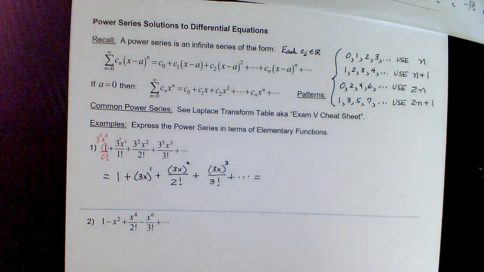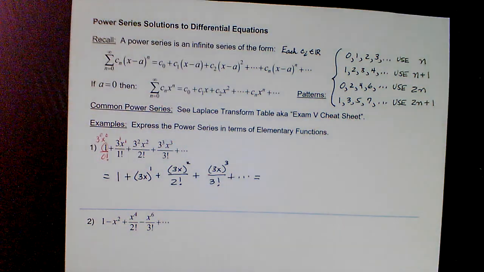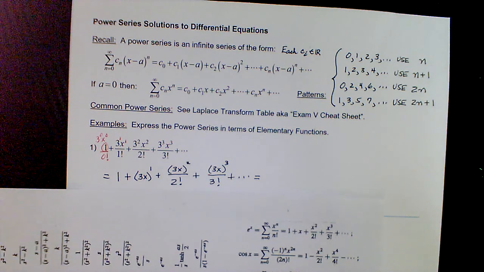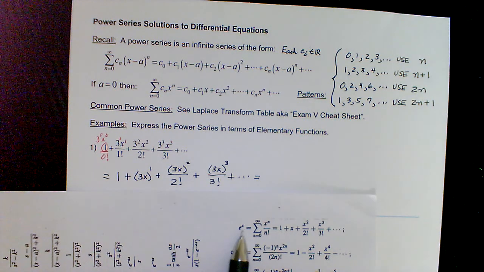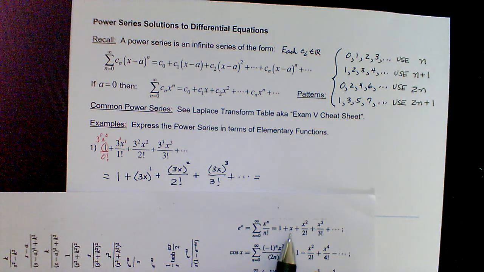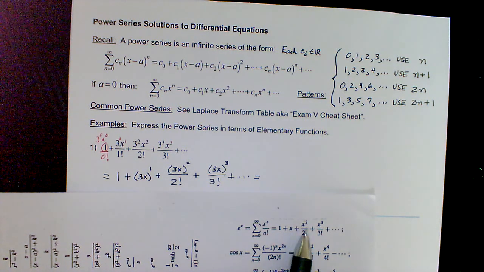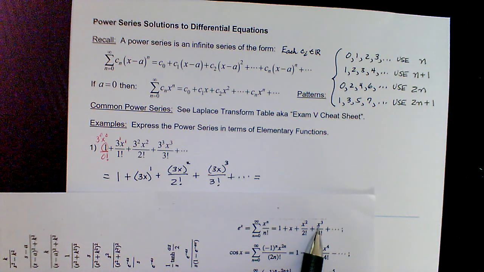So by writing it in that fashion, you could see that it's really an expression that came from e to the x, but where each of these x's represents the quantity 3x.